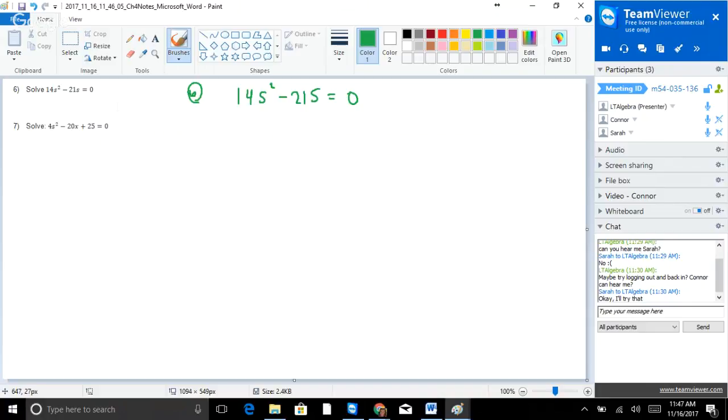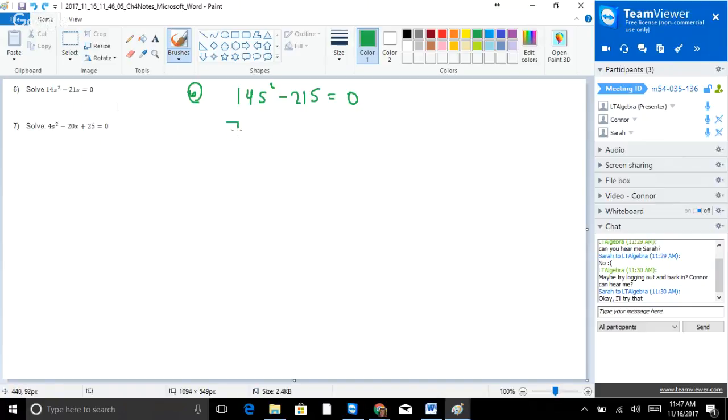Yep, that's one thing I can definitely do. Is there anything else I could pull out, Connor? What about s? They both have an s in it. Yeah. That's awesome that you recognize that, though, because I do not like using s's because I look like 5s.